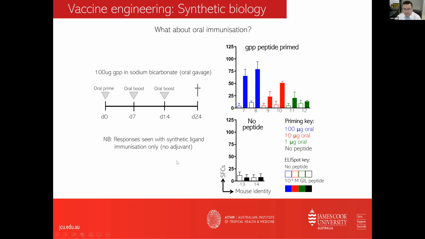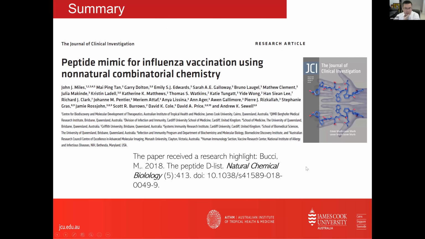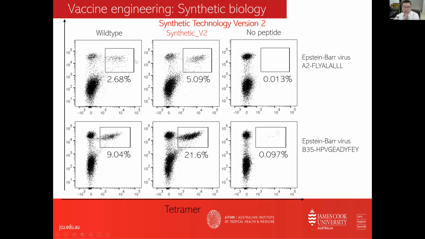This was published in the Journal of Clinical Investigation and got a highlight in Nature Chemical Biology. We're now moving on to synthetic versions where we can increase the pace of manufacture and design.